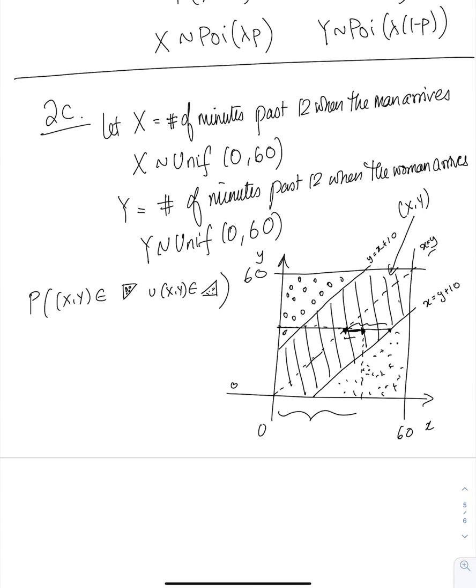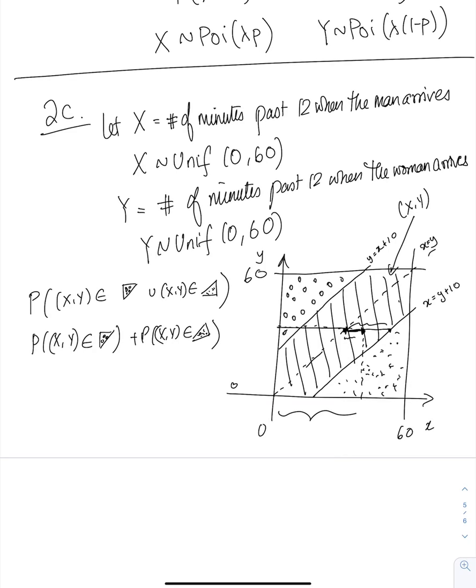That is the probability that the person who arrives first has to wait more than 10 minutes. In symbols, we will look at it in a second. All right. So what do we have? That's the probability that x comma y is in that region, plus the probability x comma y is in that region.